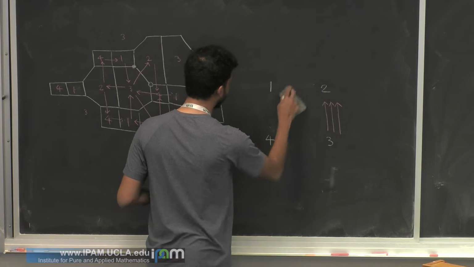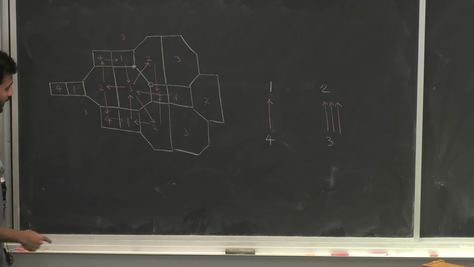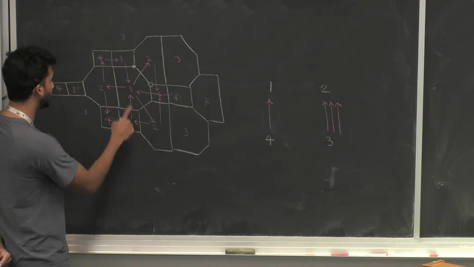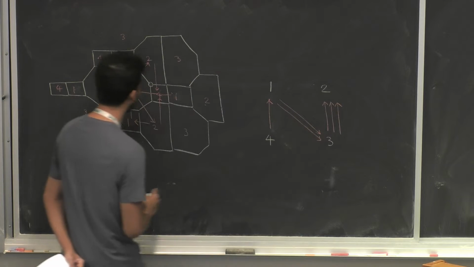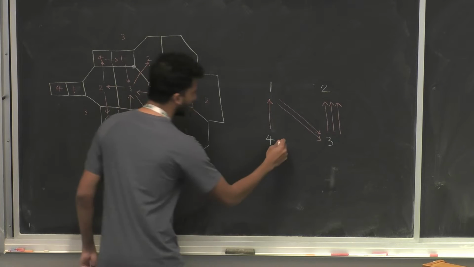So now the arrow is from 4 to 1. And then from 1 to 3, I have 2 arrows. So 2 arrows like this. From 3 to 4, I have an arrow like this.